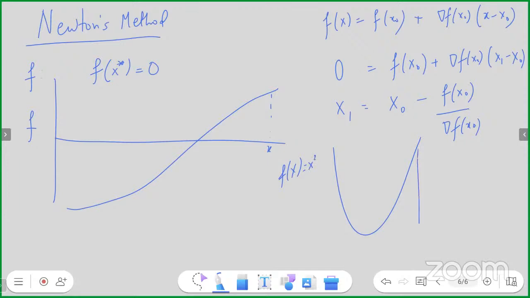So what we can choose is that x1 can be on this side. Okay, tell me how. Like x1 equal to minus x0. How do you produce something like that? Yeah.